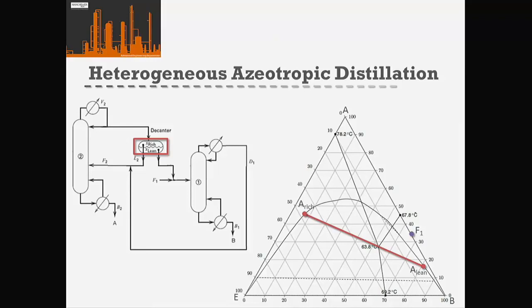So we know that if we've got this then, based on our liquid-liquid equilibrium information, we generate two liquid products from that vapor, one of which we can define as A-rich, and one of which we can define as A-lean. Okay?